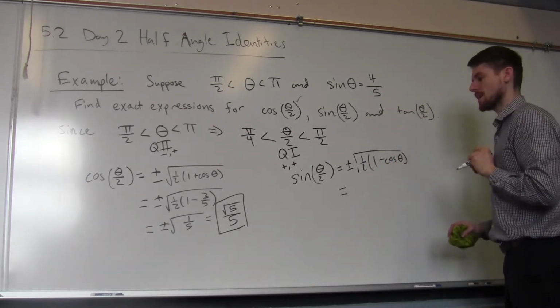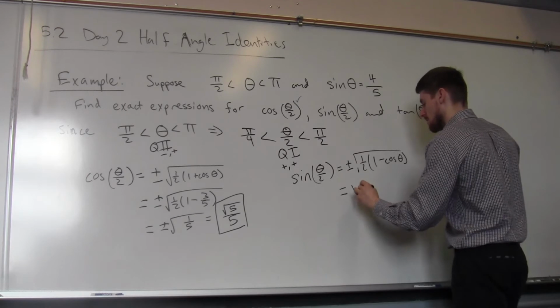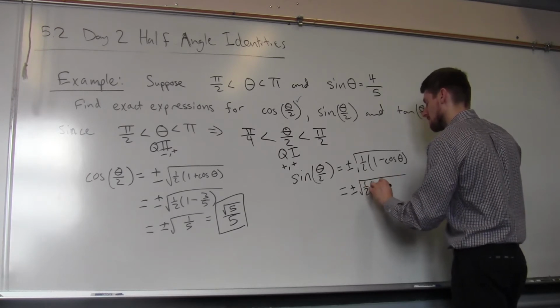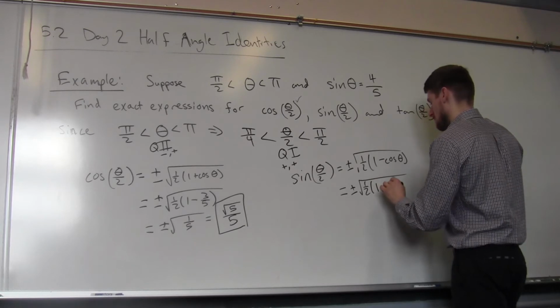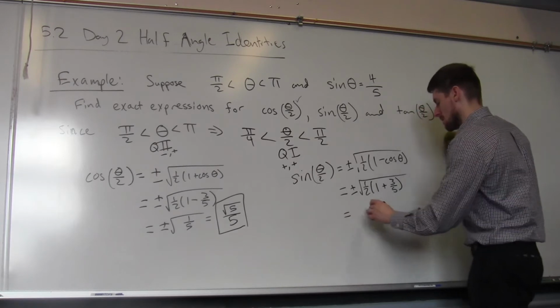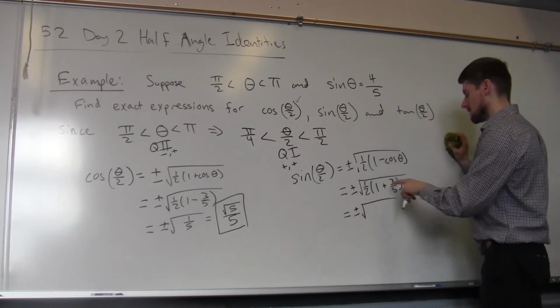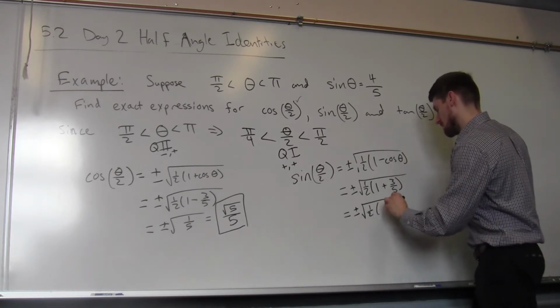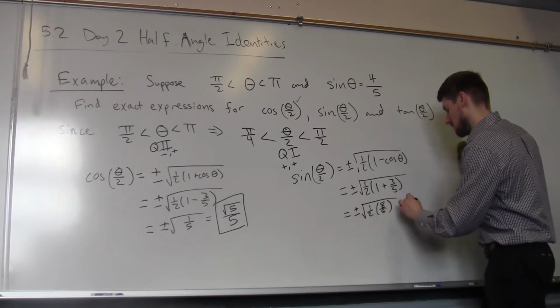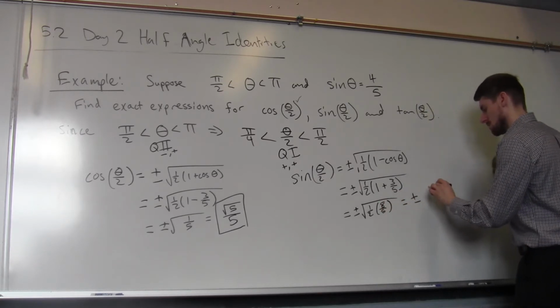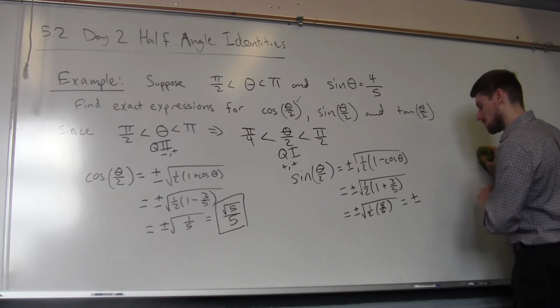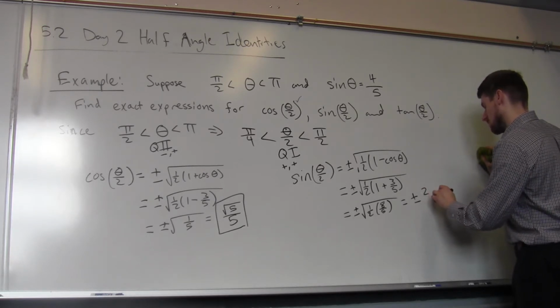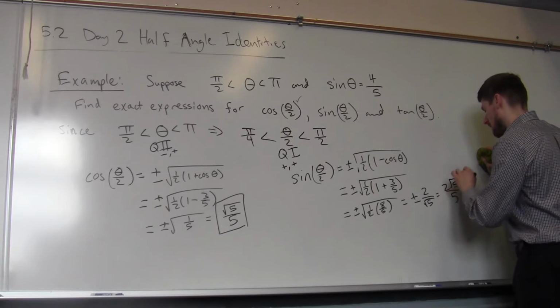And I know cosine of theta is negative 3/5, so this is plus or minus the square root of 1/2 times 1 plus 3 over 5. 5 plus 3 is 8, so this is 1/2 times 8/5, which simplifies to 4 over 5, so 2 over square root 5, which is 2 root 5 over 5.